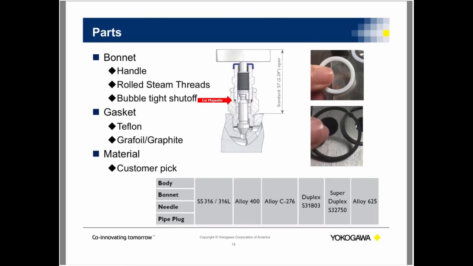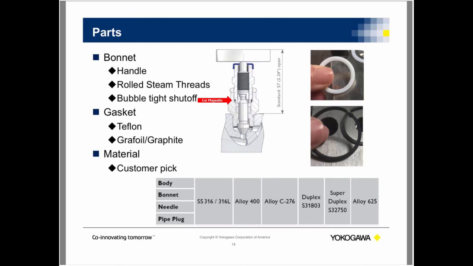Here's another question. It says, transmitter brackets are less expensive than manifold brackets. Can you use a transmitter bracket when using a manifold, or do you have to use the manifold bracket and specify the transmitter less bracket? No, you can use a transmitter bracket.